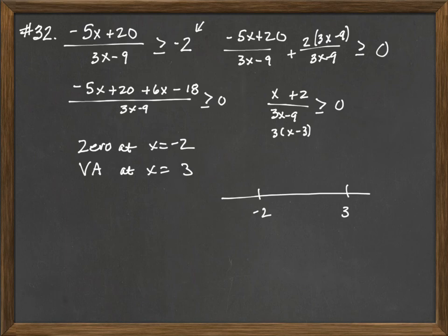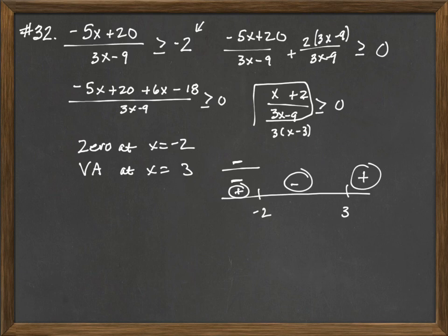So going back to the original here, simplified, if I pick -10, I would get a negative, and then I would also get a negative on the bottom, so this would be positive. Pick 0 between -2 and 3, and I would get 2 over -9, so I would get a negative. And pick 10 here, that would be positive and positive. So you would end up with a sign chart that looks like that.